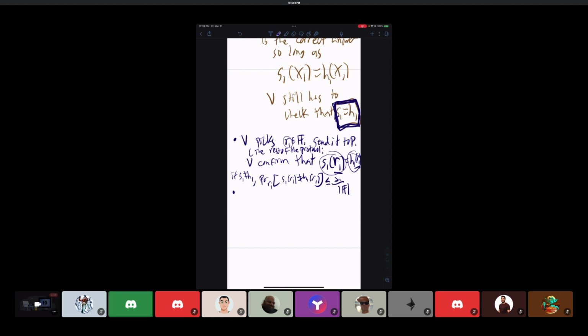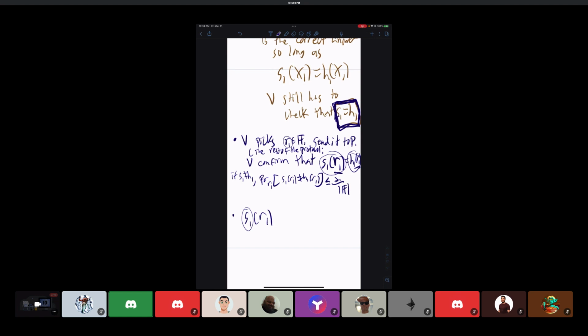Now, at this point the verifier needs to compute S1 of R1 and H1 of R1. S1 of R1 is no problem, since the prover sent S1, and the verifier can compute S1 of R1 on its own. If S1 was specified via its evaluations, you need to use Lagrange interpolation.